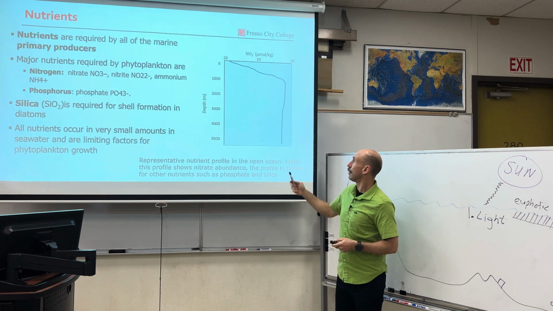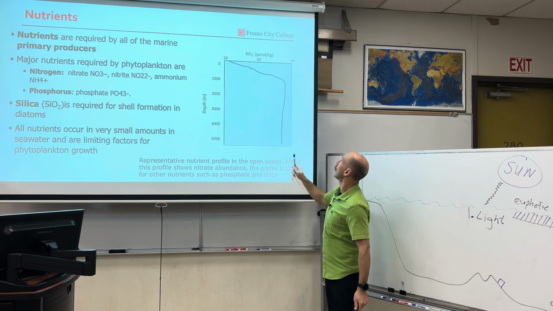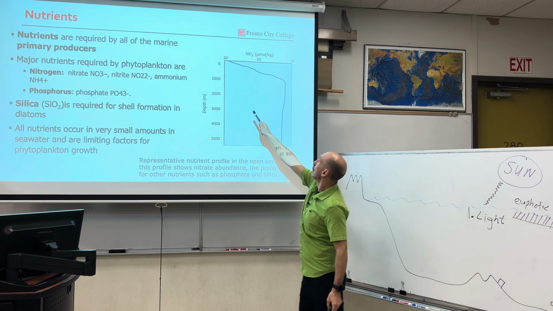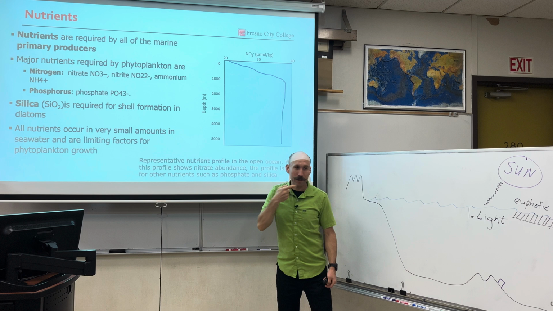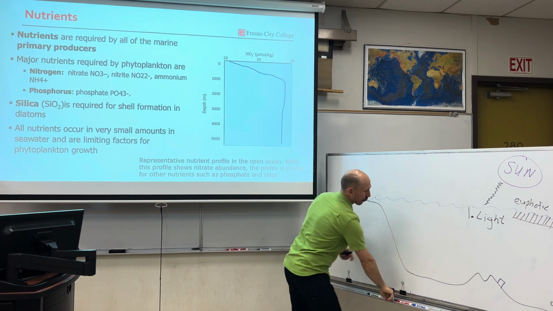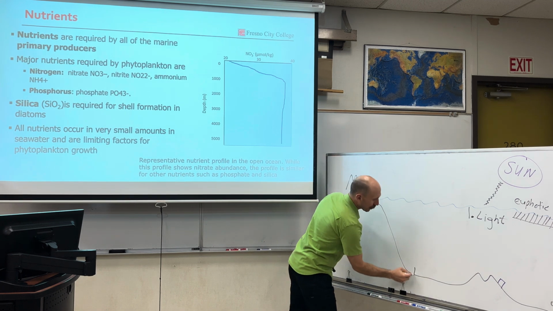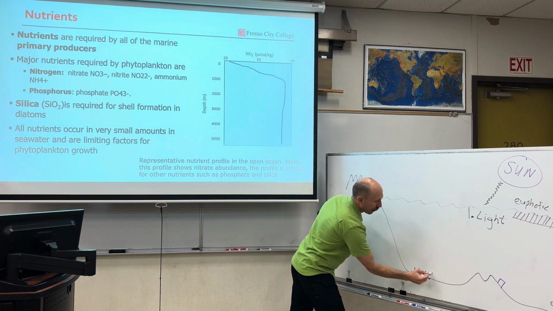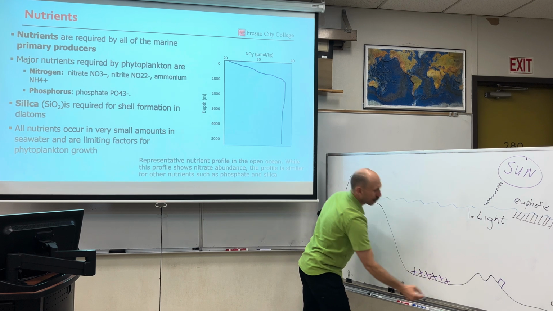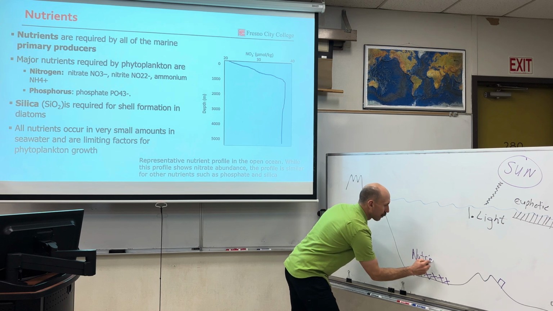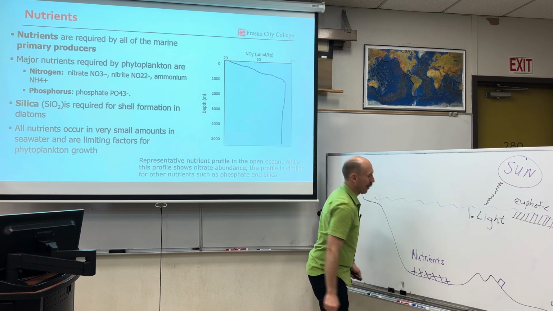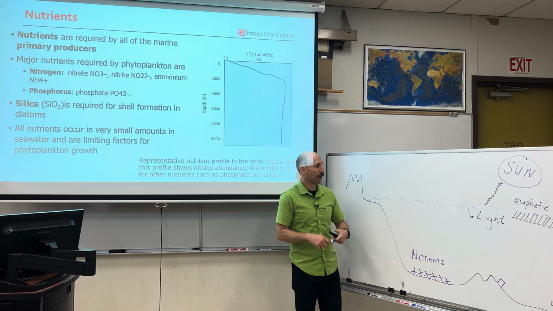Nutrients exist. We can see nutrient concentration is pretty low higher up, and then we go deep and it's relatively constant, but nutrients are going to exist down at the bottom of the ocean. That's because our nutrients are going to be in the form of nitrates and nitrites through a series of chemical reactions.